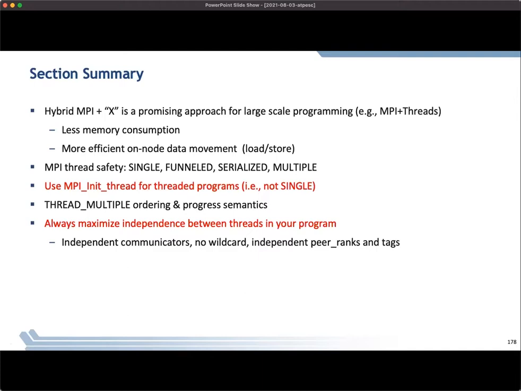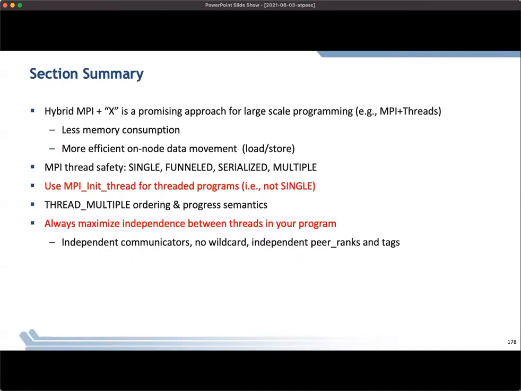Try to apply the practice of using independent communicators and independent resources between threads, so it can benefit from an optimized MPI library.